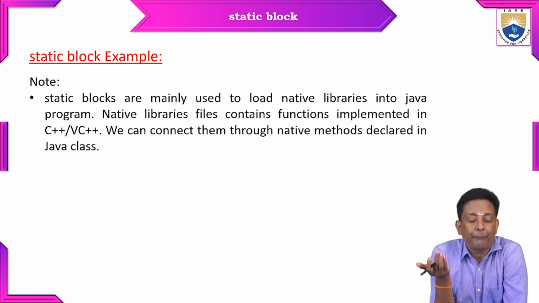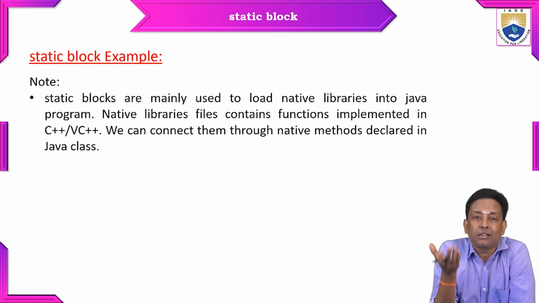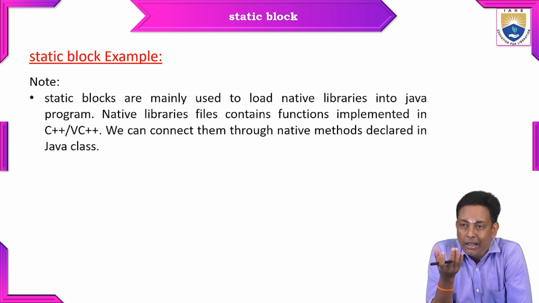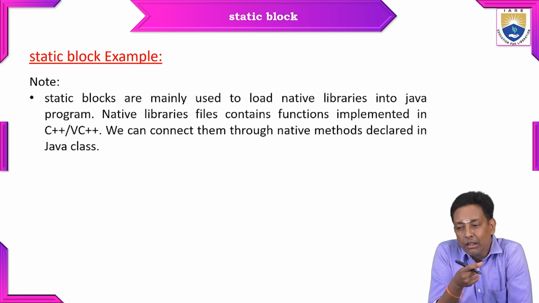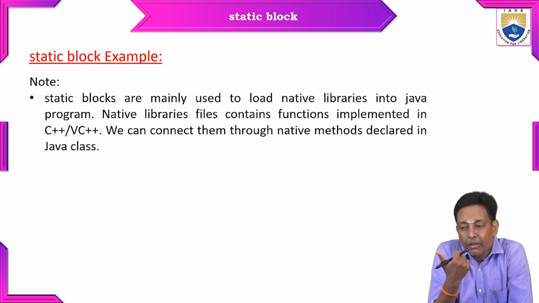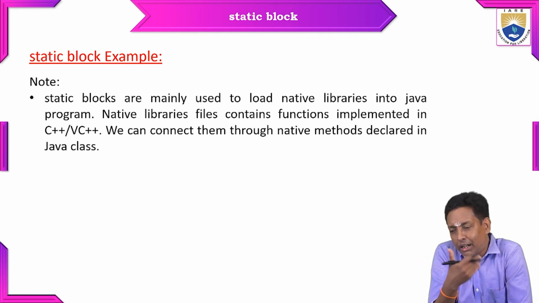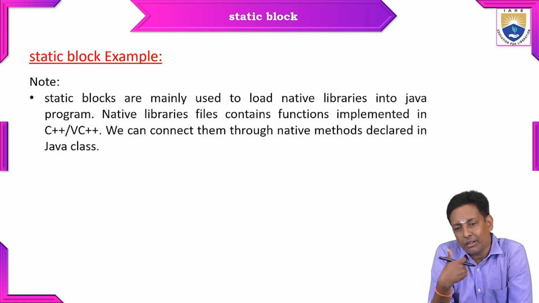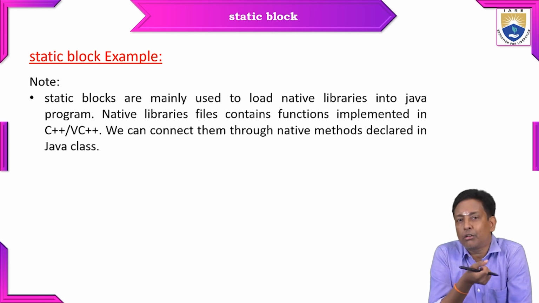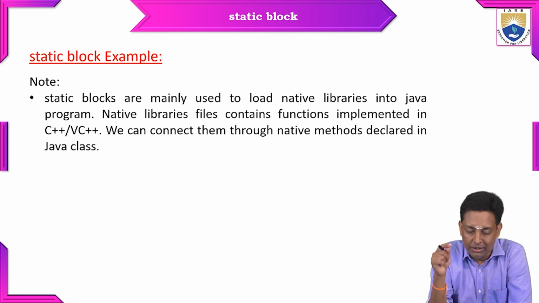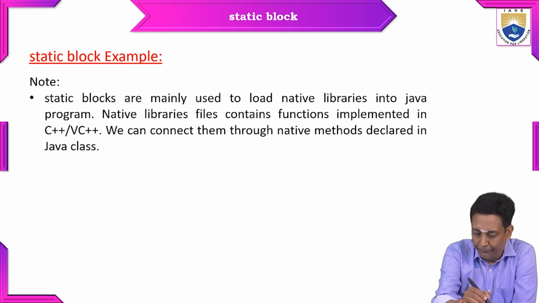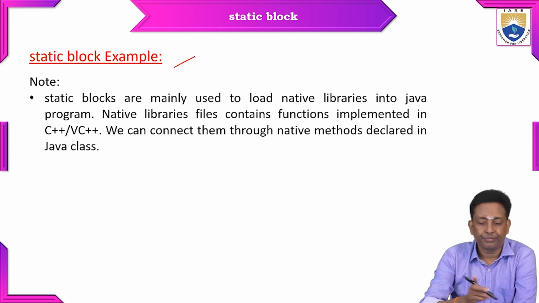Functions written in C++ and VC++ can be converted into a .dll file in Microsoft tools like Microsoft Visual Studio or any other C++ or VC++ editors. Groups of methods can be clubbed together into .dll files, dynamic linking libraries. Those libraries can be loaded from the Java program from a static block.